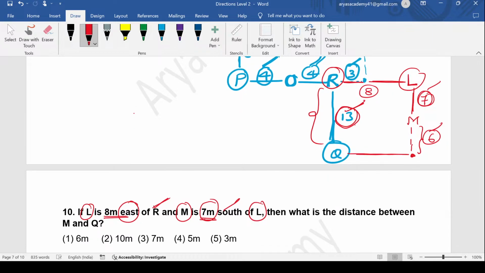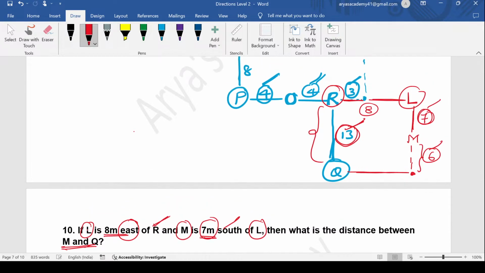Now the question is, what is the distance between M and Q? See, M is actually here, whereas Q is actually here. Yesterday I told you a concept. In the last question, we talked about a theorem known as the Pythagorean theorem, where I told you the formula: hypotenuse whole square is equal to opposite side whole square plus adjacent side whole square, and it's a formula applied for a right angle triangle.